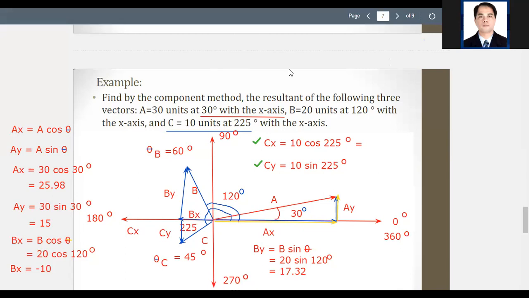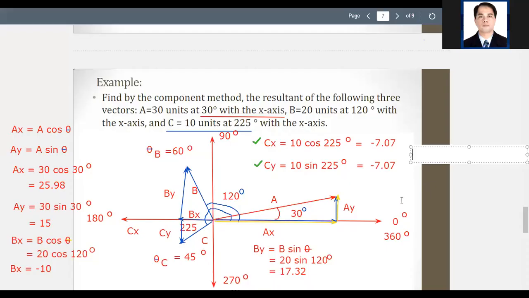So how much will our values be? Again, our two components of C. So we have, they are both negative.